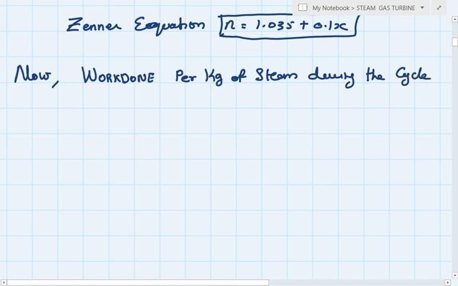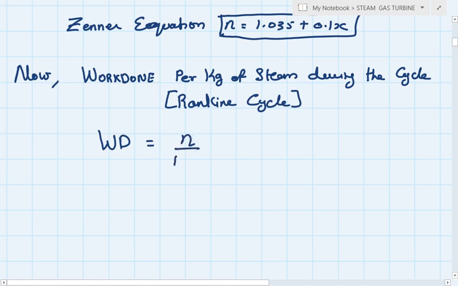Basically we use the Rankine cycle for the steam to expand in the nozzle. The work done formula is given by n divided by n minus 1 times (P1V1 minus P2V2). So this is the work done formula.